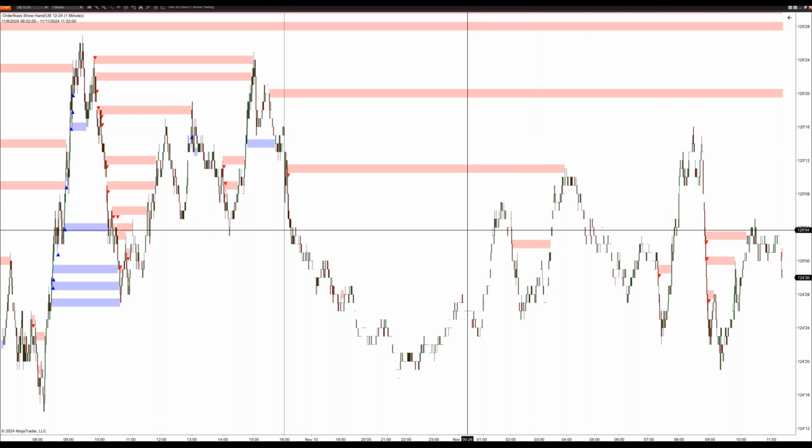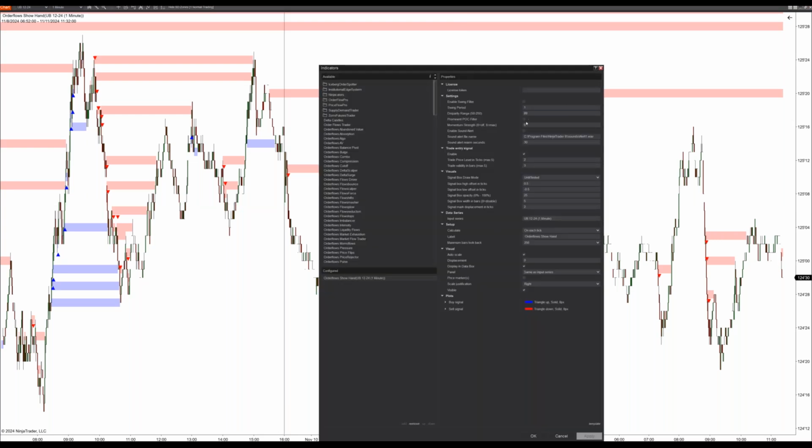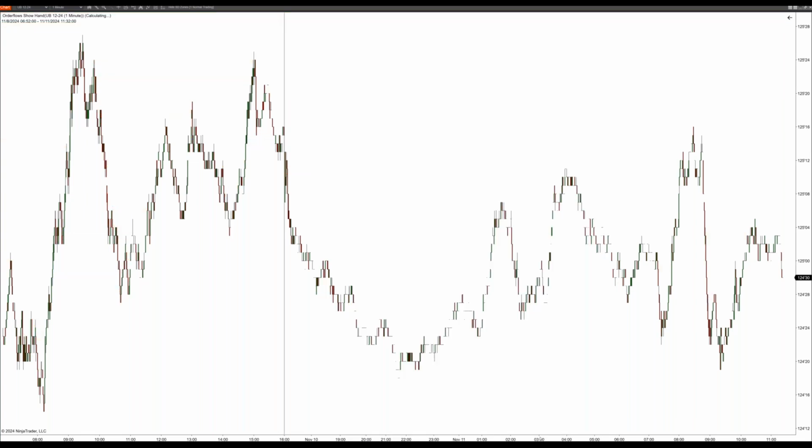Now, swing filter. If you're going to use swing filter, you would not use momentum strength, because they go against each other. So you'd have to turn momentum strength off by setting it at 0, and set swing filter to whatever period you want. Default is 1. You could probably set it as something like 5 for a swing.